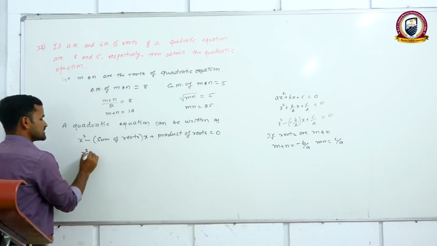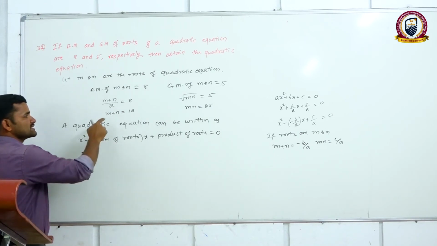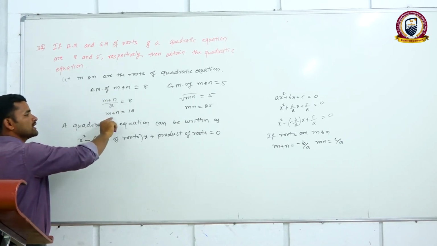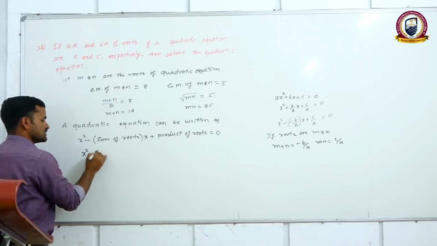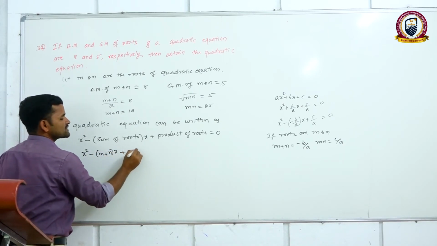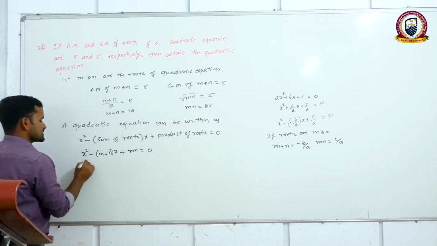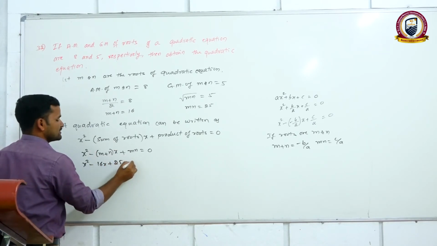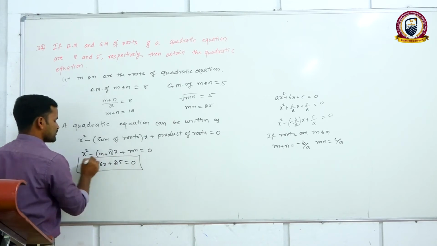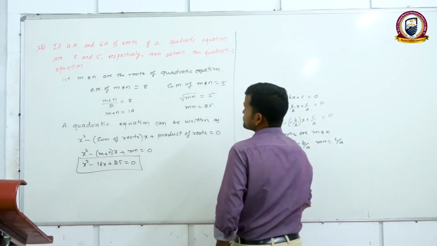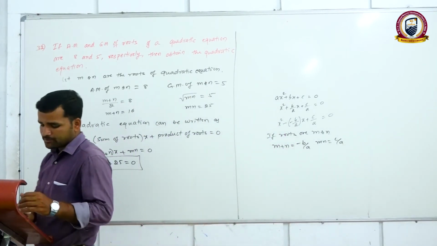X square as it is minus of, I have sum of roots. See, this is nothing but m and n. I have taken them as the roots of the quadratic equation. M plus n, sum of roots I have got 16. Let me write that one also. M plus n into x plus product of roots m into n is equal to 0. X square minus of this m plus n is 16 into x plus mn is 25. So this is the required quadratic equation for us. That is about the last problem of exercise 9.3.